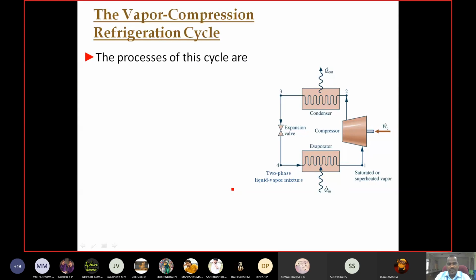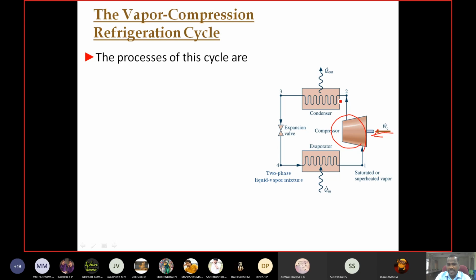Then we can have the thermodynamics of our VCR. From now we are going to look at the thermodynamics involved in this VCR, the vapor compression refrigeration cycle. In the compressor we need to give work. This is process 1 to 2.